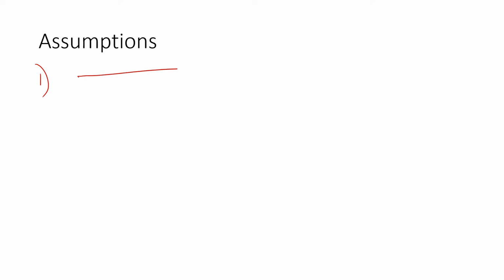When we talk about the second assumption, it says that there should not be any internal heat generating element in the fin. Suppose this is our surface, there should be no internal heat generation.